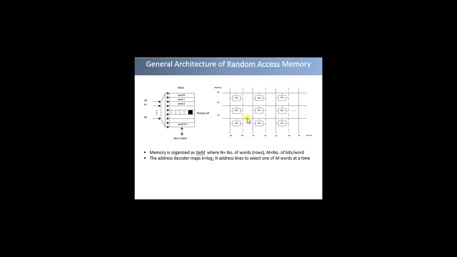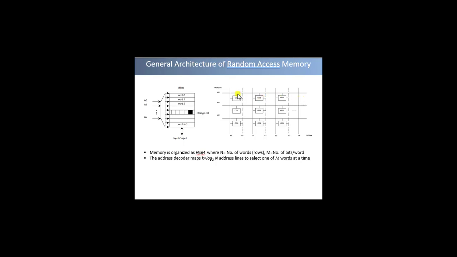So this figure shows the internal organization of memory bits within the memory. The word line corresponds to one row of memory, and whenever a word line is active, all cells present in that row become activated.